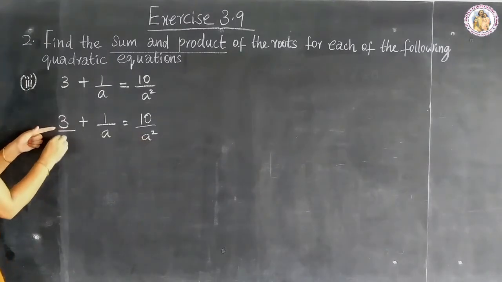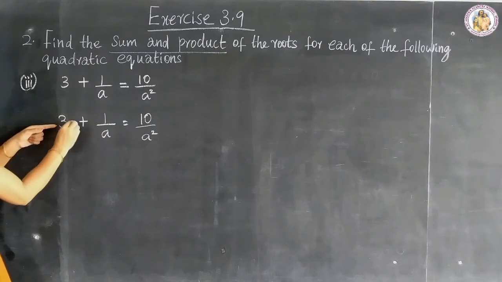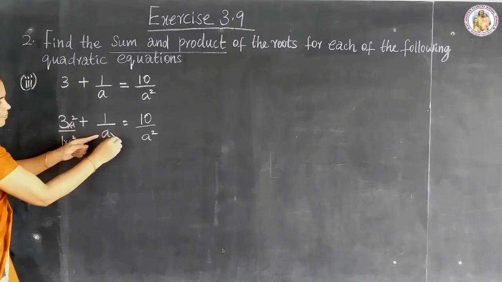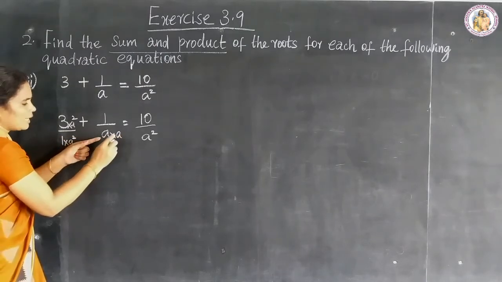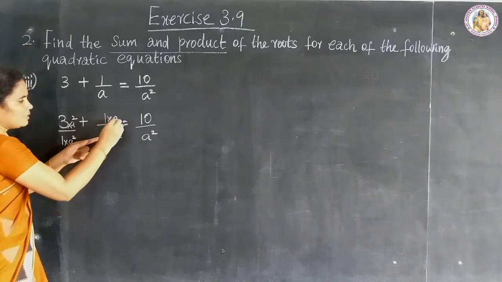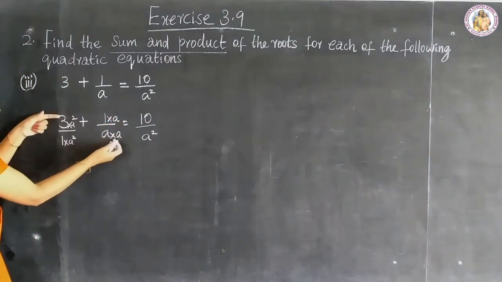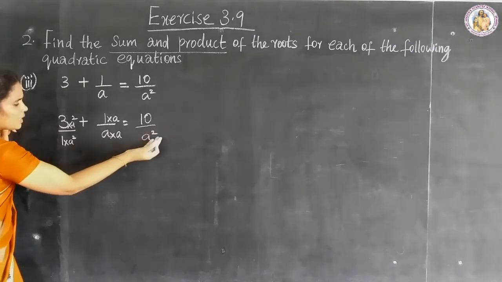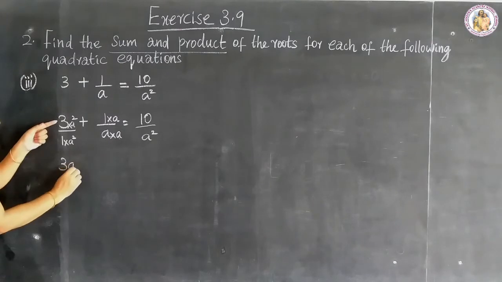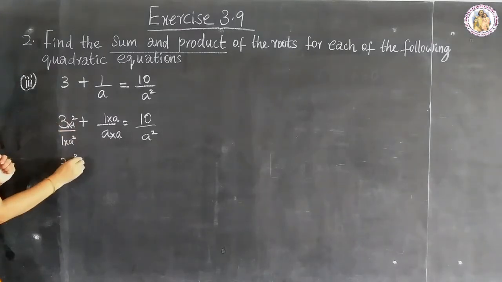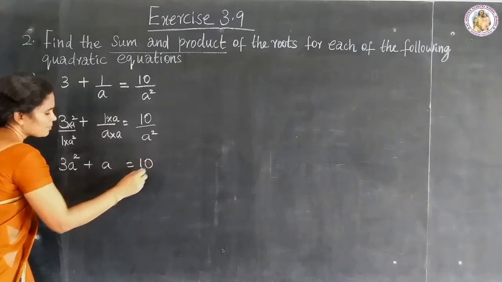So 3 becomes 3a square, 1 by a multiplied with a square becomes a, and 10 by a square multiplied with a square becomes 10. Now all the terms have a square, so remove it and write the numerators alone: 3a square plus a is equal to 10.